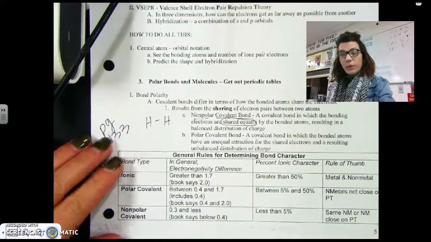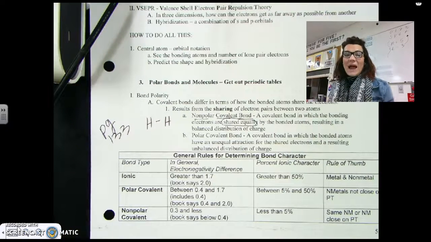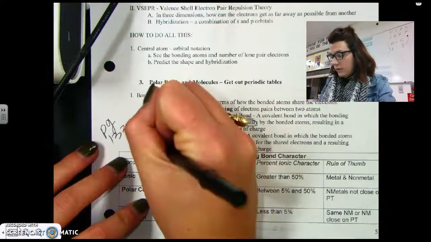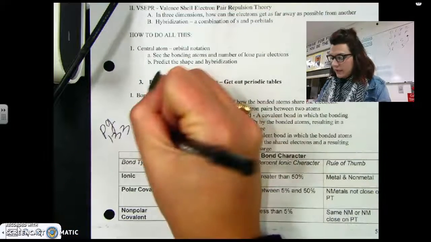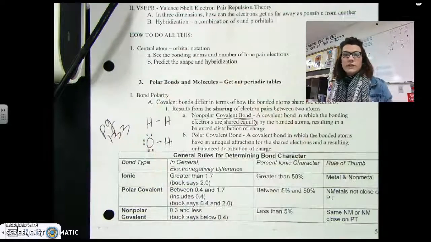A polar covalent bond, though, is going to be something when there is an unbalanced distribution of charge, meaning one atom in the bond is going to have a higher electronegativity than the other atom in the bond. So let's look at the example that I gave before, oxygen and hydrogen. And obviously, oxygen would have its electrons like this, okay?